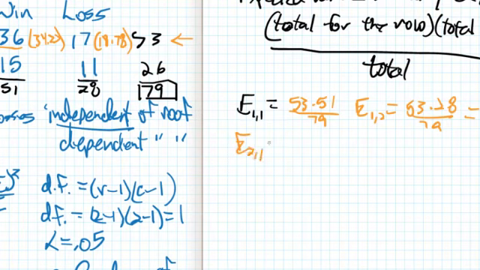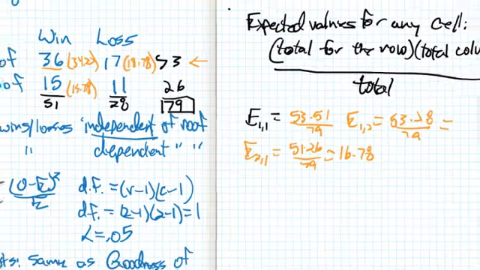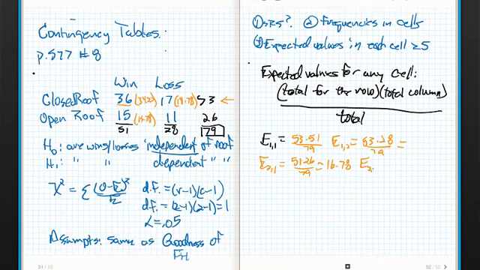So E21 is going to be 51 times 26 divided by 79, and this is equal to 15.78. And then E22, the expected value of the second row, second column, is 26 times 28 divided by 79, and I get 9.22. And check those numbers. Of course, I could have screwed something up, but it wouldn't be the first.